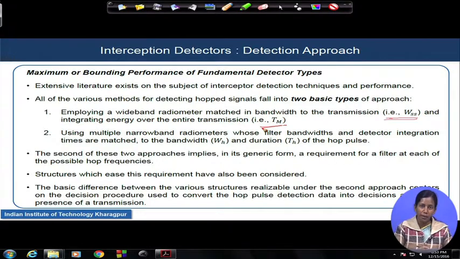Otherwise, there are multiple narrowband radiometers whose filter bandwidths and detector integration will be over the hopping bandwidth and the hopping duration. Both detectors are available in practice, but remember that when the second approach is applied, its generic form requires a filter at each of the possible hop frequencies, and the number of filters you have to implement will definitely be very high.